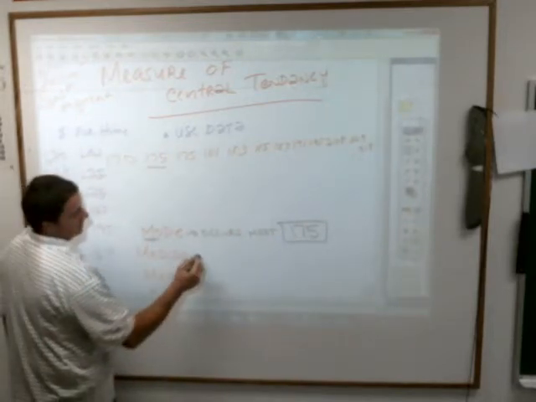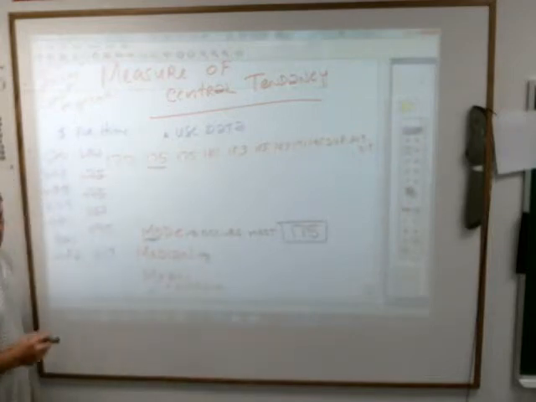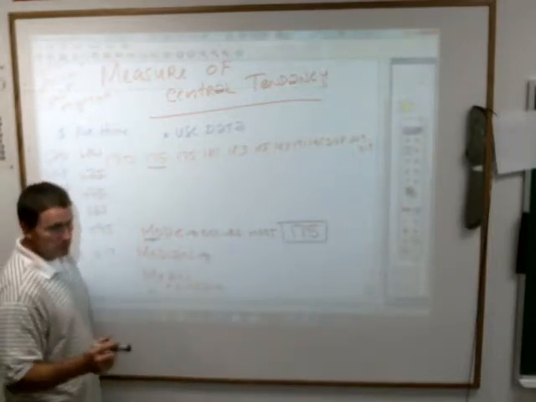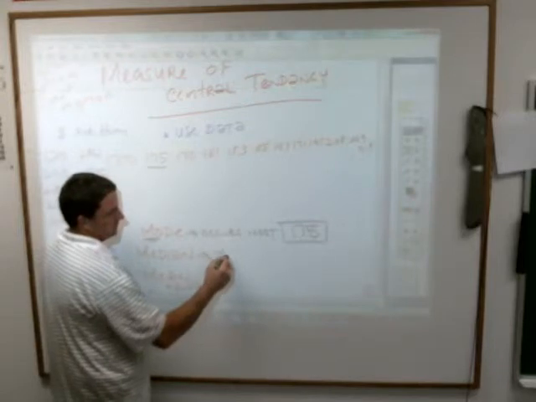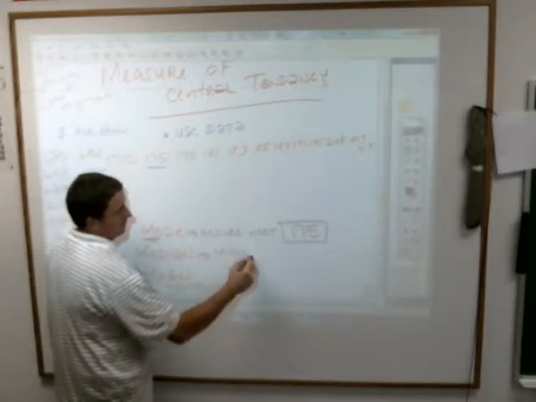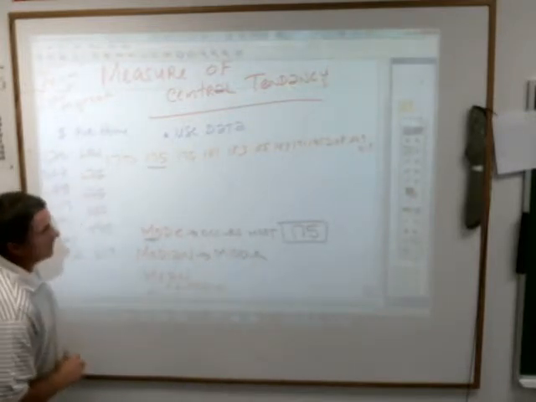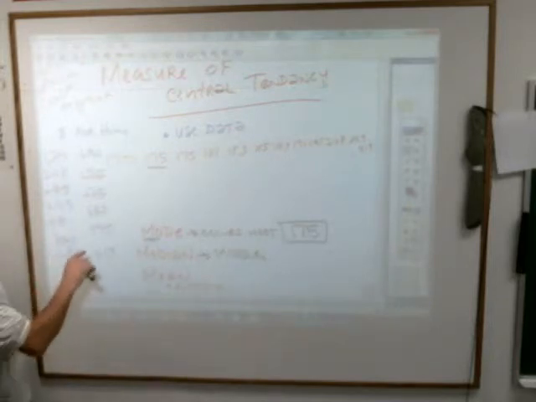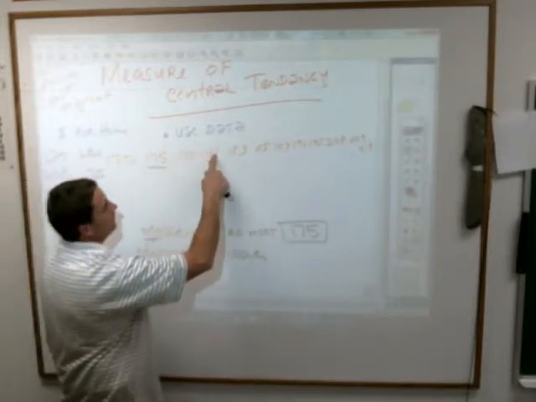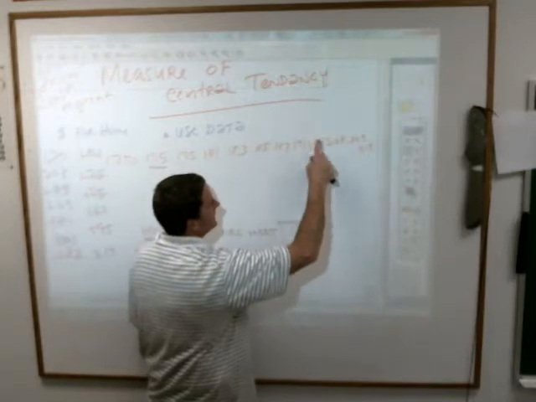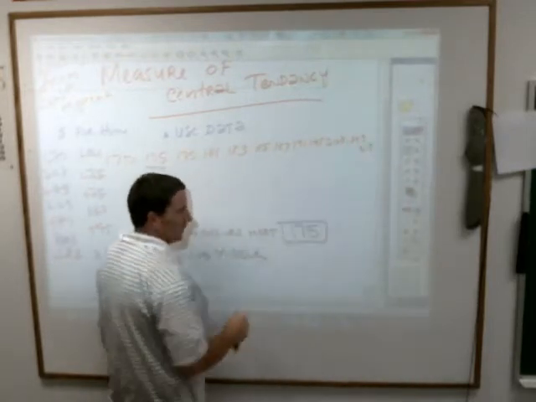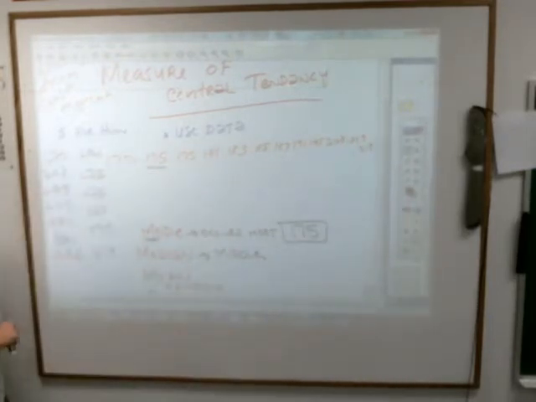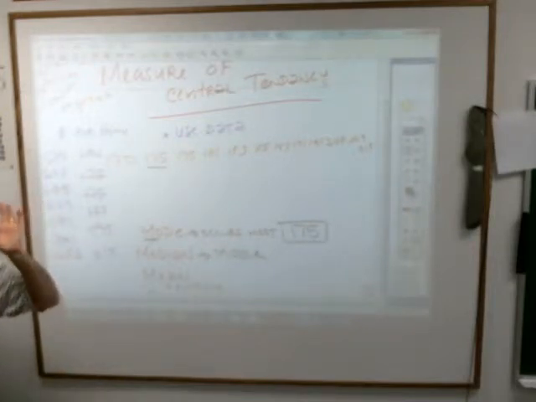Now here's an interesting one. The median is the number in the middle. So you have to figure out how many numbers you have, which in this case is 1, 2, 3, 4, 5, 6, 7, 8, 9, 10, 11, 12. If you have 12 things, what is in the middle? 6?